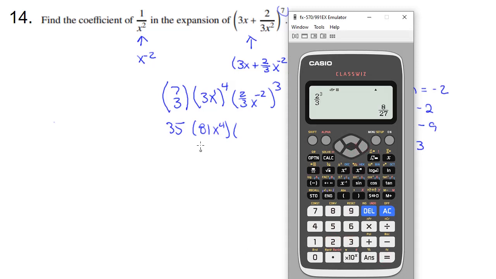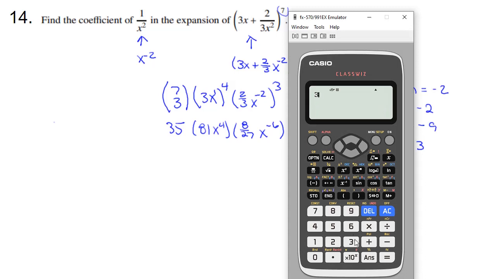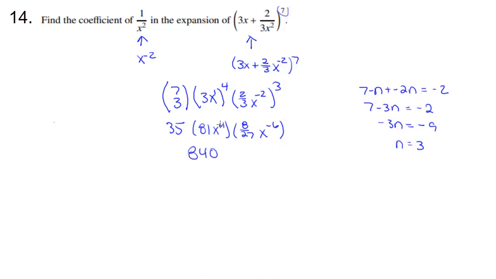And then that's going to be x to the negative 6. And see, now all I got to do is multiply my terms together. I'm 35 times 81 times 8 over 27. And I'm going to get 840, so this is 840 x to the negative 2, which means the coefficient is 840, and that's the answer.